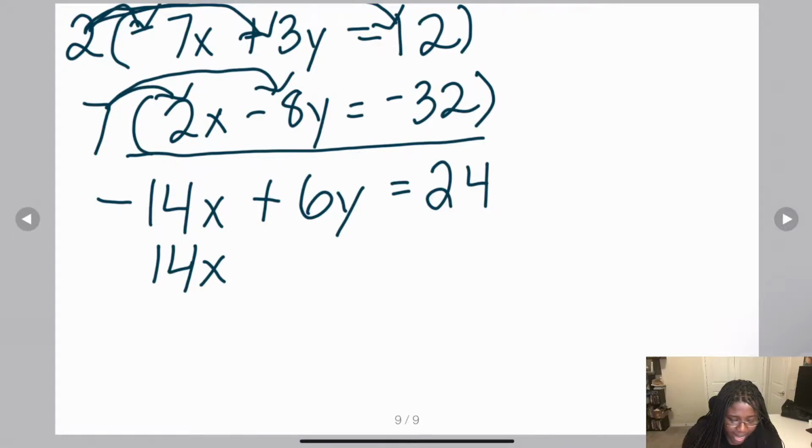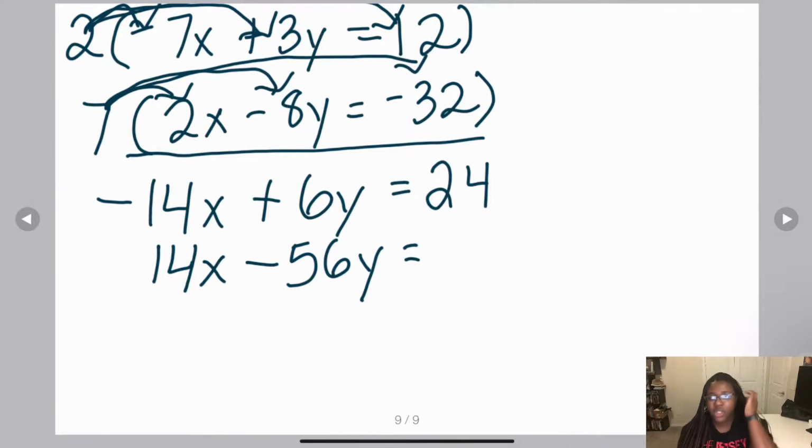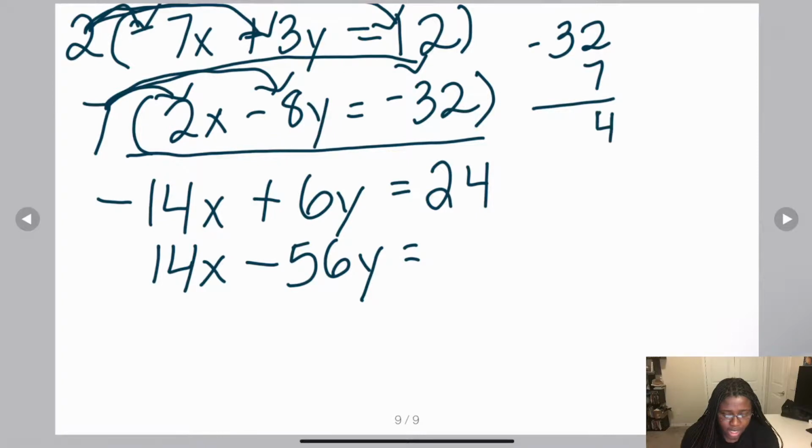7 times negative 8 will give me negative 56. And 7 times 32. What is 7 times 32? If you don't know, of course, use your calculator, but you could always just do it the old school way. Don't forget your negative. 2 times 7 is 14. 7 times 3 is 21.